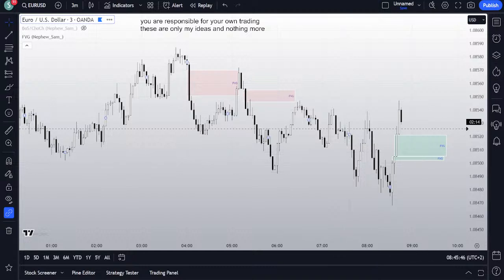So currently we defeated the level, we closed above, this was the low which came from here. We closed above it, in my opinion. Whatever happens here is not interesting, we need to push a few more bars out.